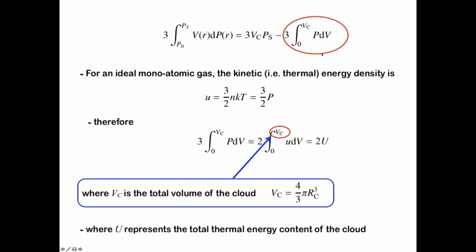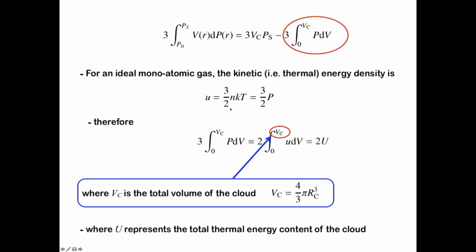So now the next step to remember, and I think this is again very simple, everybody knows this, is the connection between the pressure and the thermal kinetic energy density, which is symbolized by this letter U. So we know that U is equal to 3/2 nkT. And remember that P, we already saw, has a very similar expression.